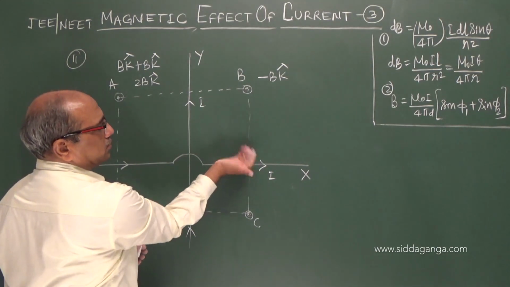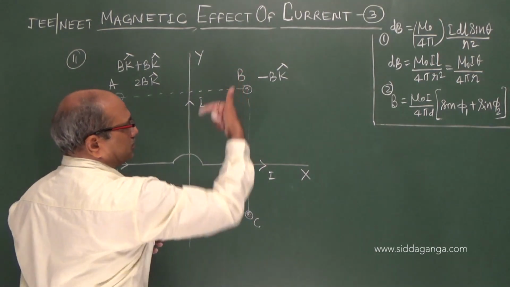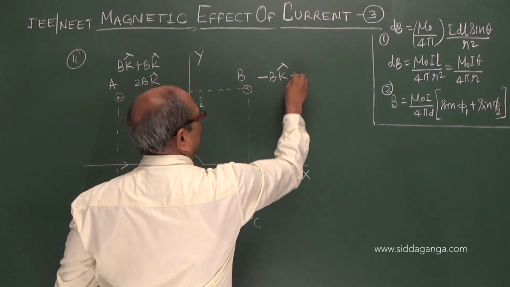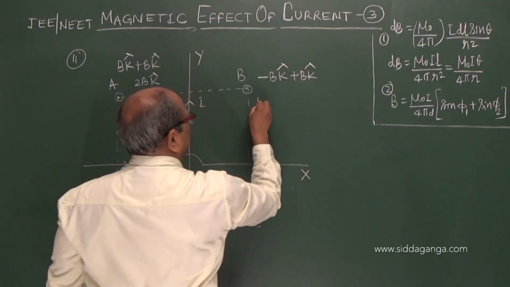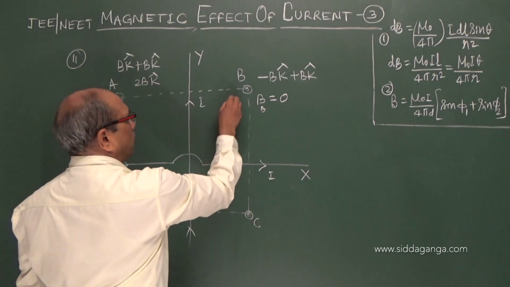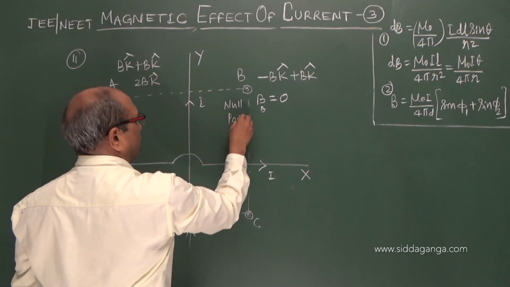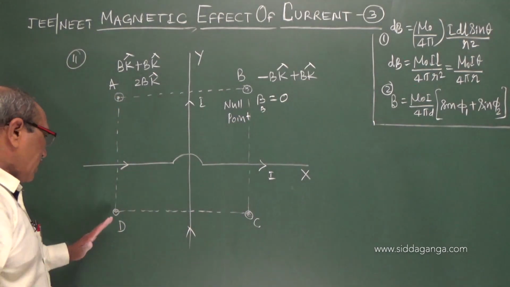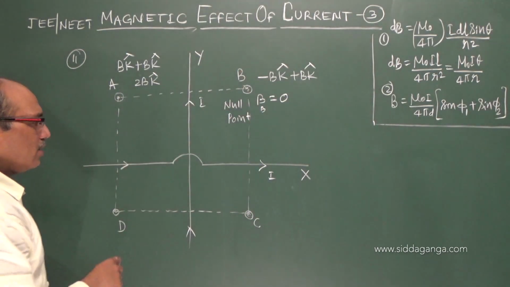From this, if you observe, it is anti-clockwise, so plus BK. Thereby the magnetic field at this point becomes 0. It is a null point. So the line becomes a null point line.